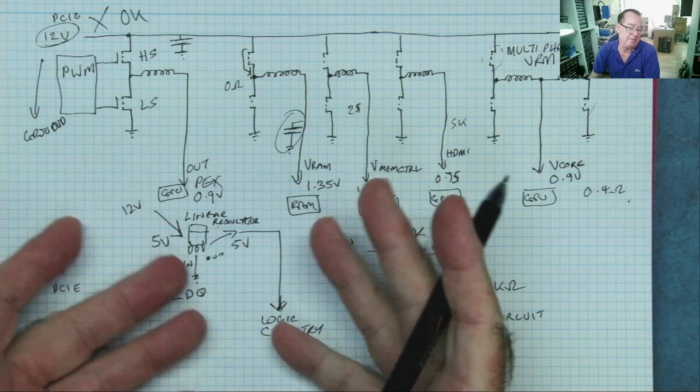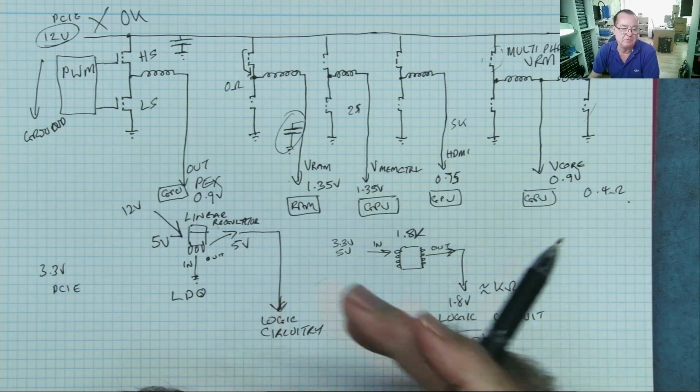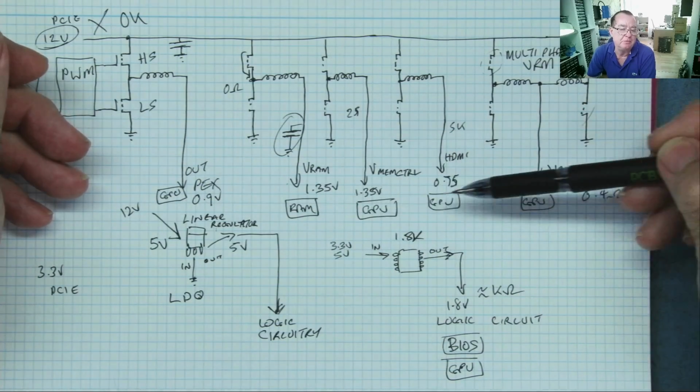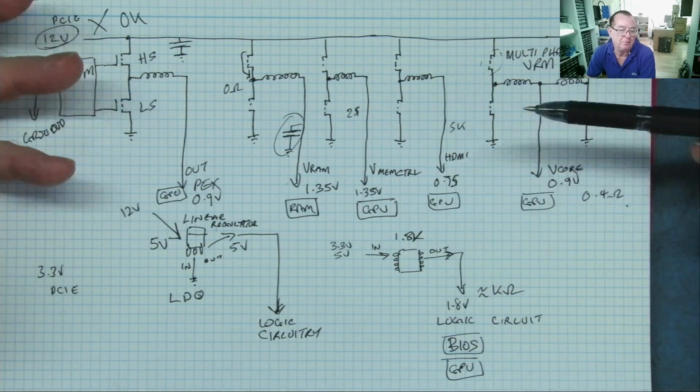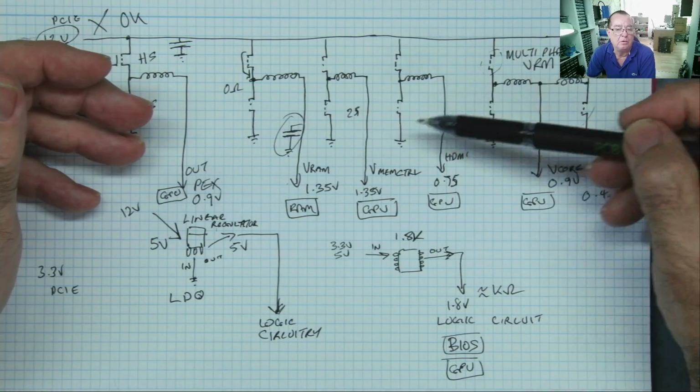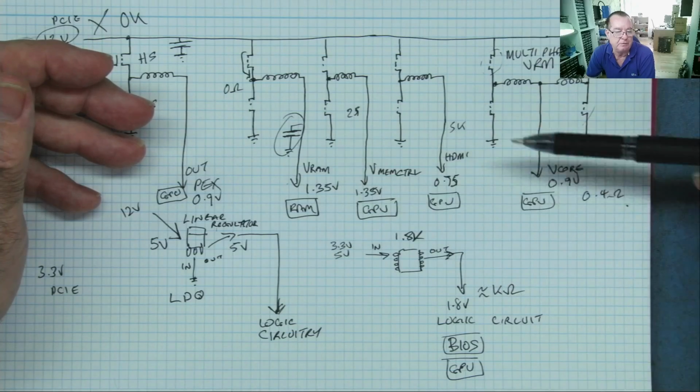This one rarely fails, to be quite honest. I'm not too worried about it. But look what the devices are: GPU, RAM, GPU, BIOS, GPU. So a short on any one of these probably means you've got damage.